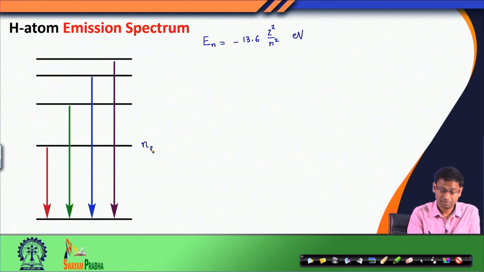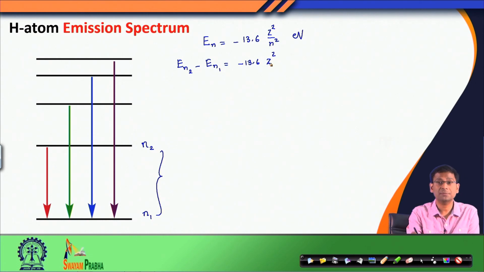Suppose I am talking about an emission spectrum from n2 to n1. Therefore, I would write the energy difference En2 minus En1. This would be simply minus 13.6 Z squared.